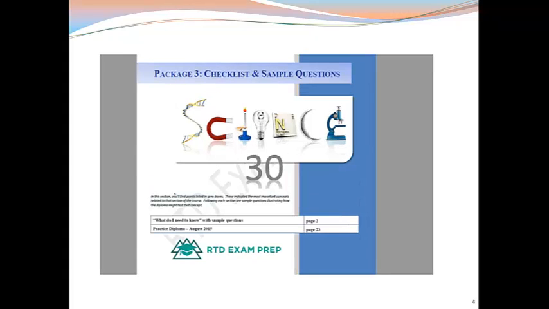Now, package number 3, this is another important booklet for you to look over. It has a practice diploma for you to try. It also has a bunch of sample questions. These are additional questions that we won't be covering within this online portion of the course, but you will be asked to take a look at them and use them as additional information to give yourselves a better understanding of what the expectations are for the questions and the difficulty of questions on your Science 30 diploma.